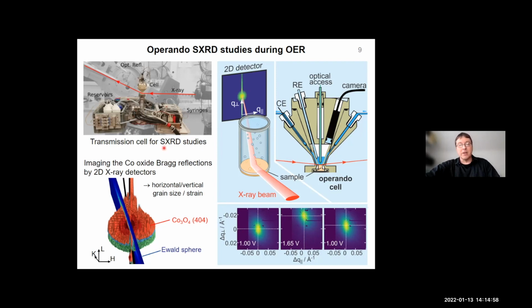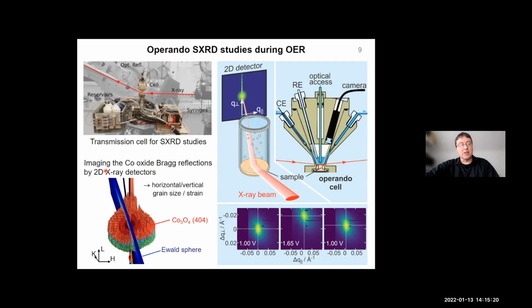What we are doing is we go to one of the cobalt oxide Bragg peaks, then image this Bragg peak with a 2D detector and change the potential. When you change the potential, you see that the peak shifts and also changes in width. We can do this with quite nice high time resolution of below a second.